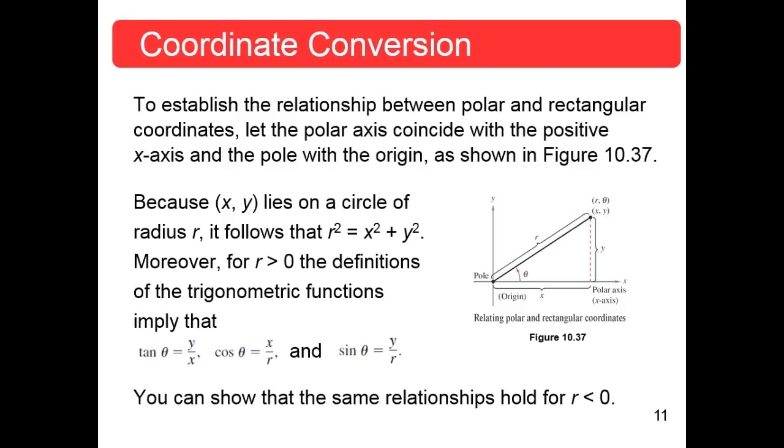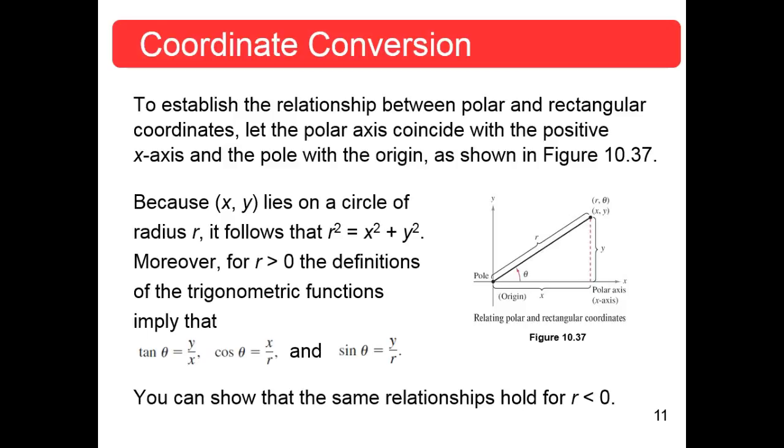There is how you get from polar coordinates to rectangular coordinates. And the cosine of theta is equal to x, the adjacent side, over the hypotenuse, and that would be x over r. So therefore, x is equal to r times cosine theta.